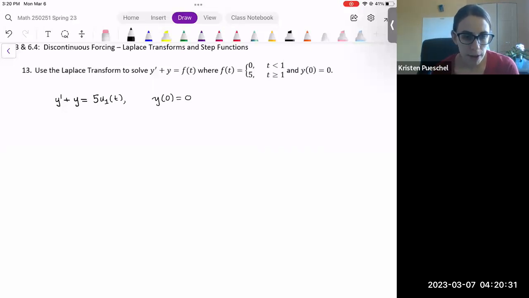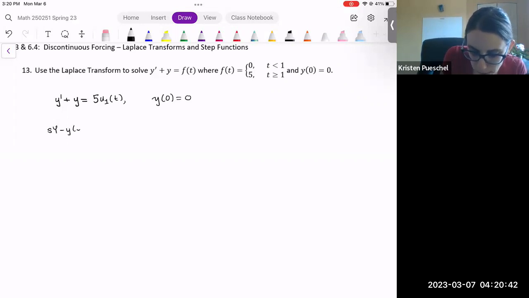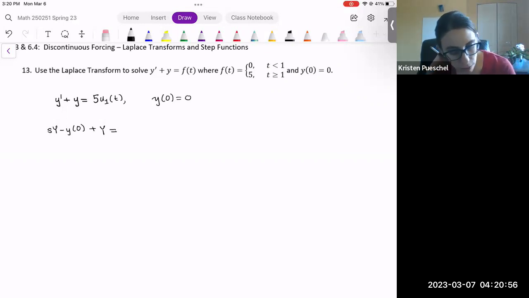Okay, we are ready to take Laplace transforms. So our first term here gives us s times capital Y minus little y at 0. And then the Laplace transform of y, we're just writing as capital Y. And then 5 times u1 of t.